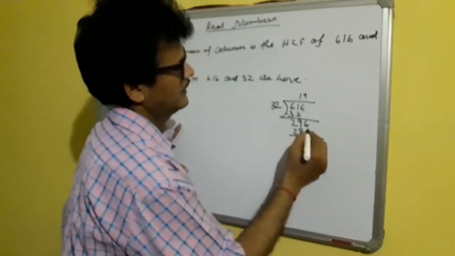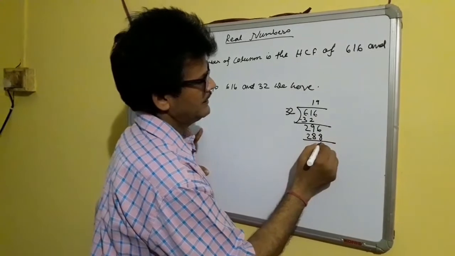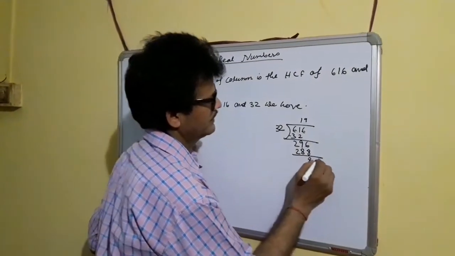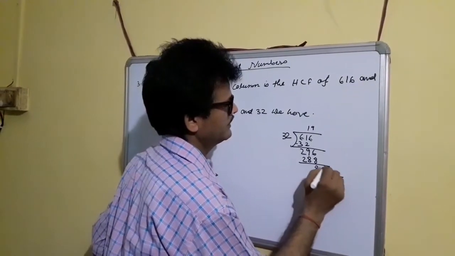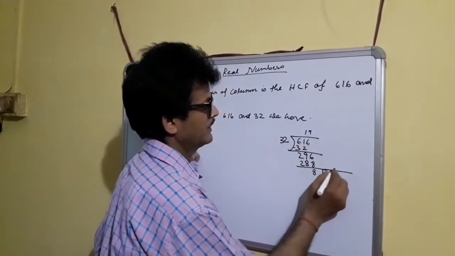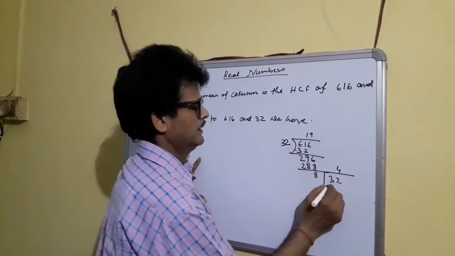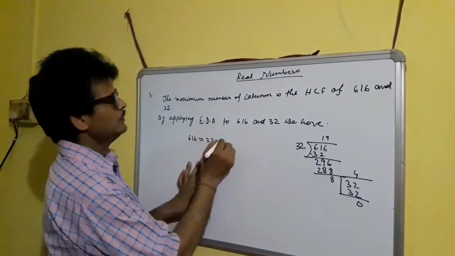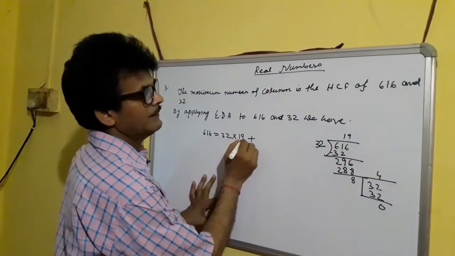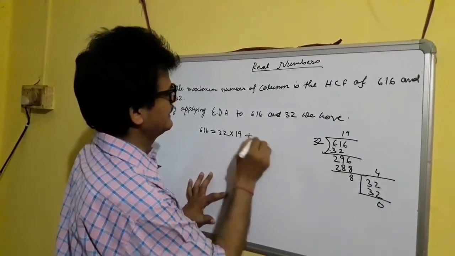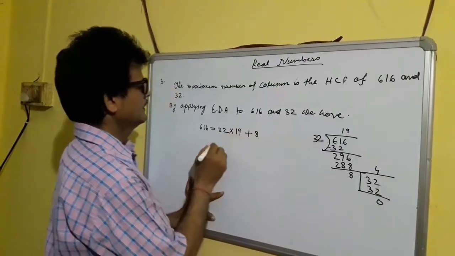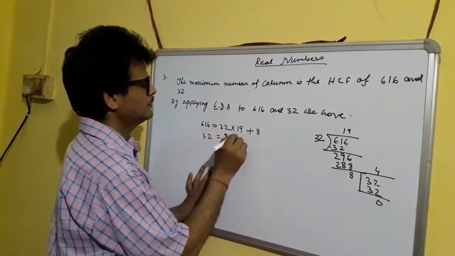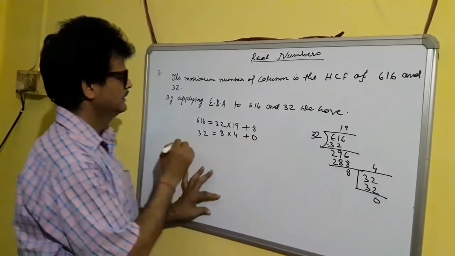So subtract, then 16 minus 8 is 8. You divide 32 by 8, what do you get? 8 4s are 32, remainder 0. So 616 is equal to 32 into 19 plus remainder 8. Then 32 is equal to 8 into 4, remainder 0.